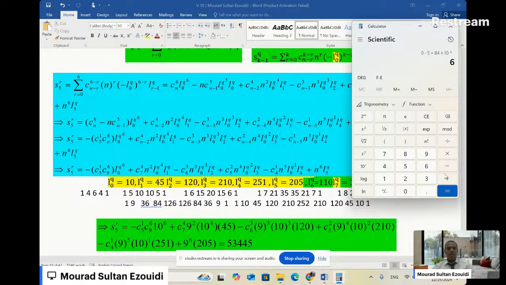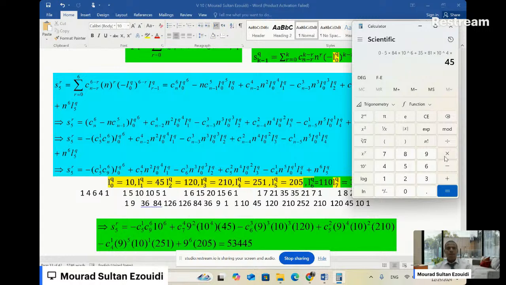Plus 7 choose 4, which is 35. 7 choose 4, this is 1, 2, 3, 4, 35. Multiply by 81 because 9 is squared. Multiply by 10 raised to the power 4. Multiply by 45.